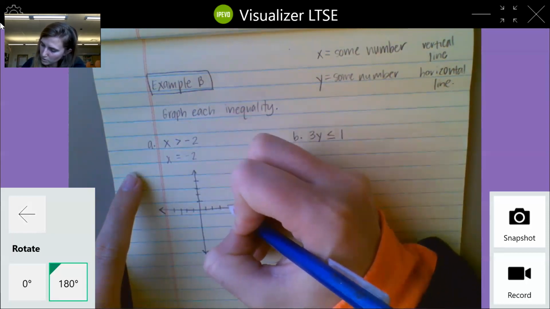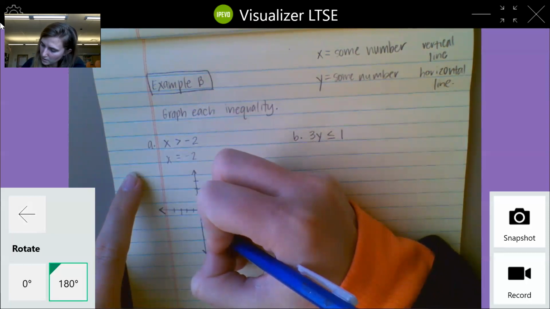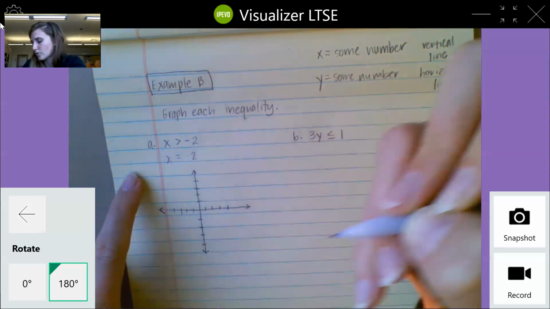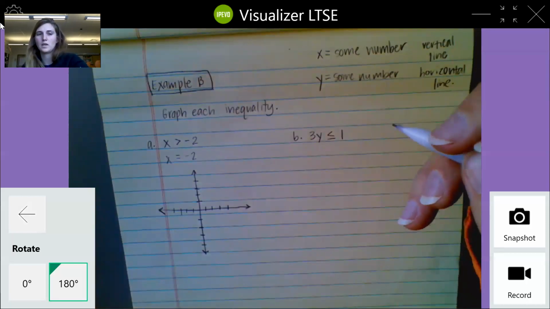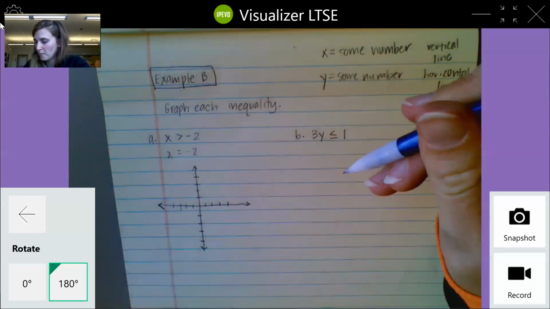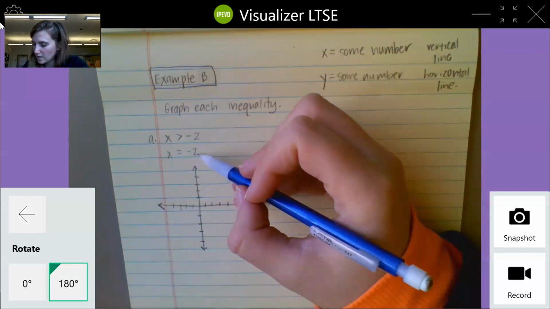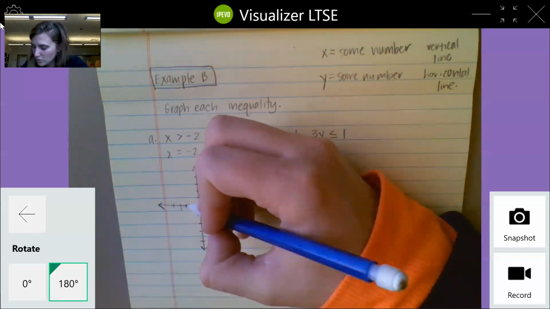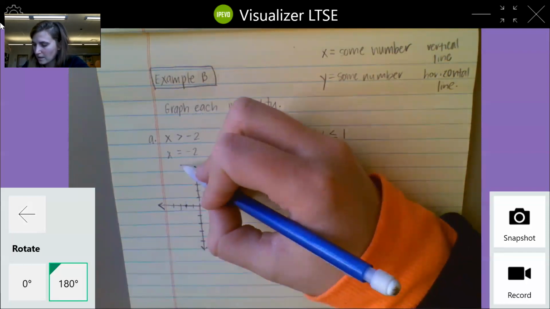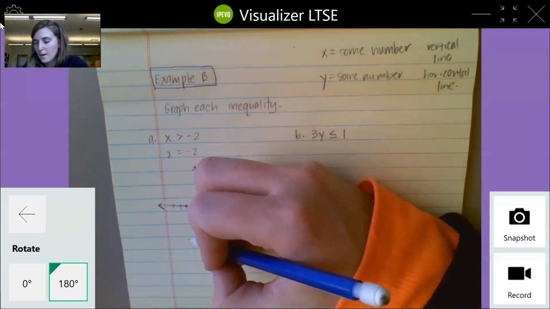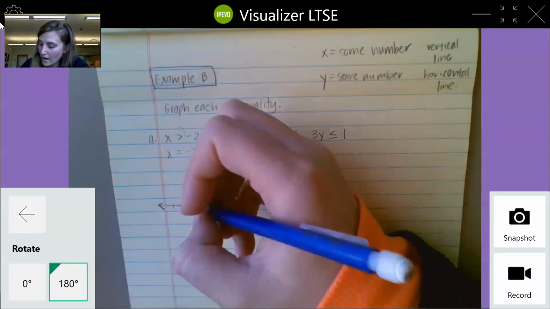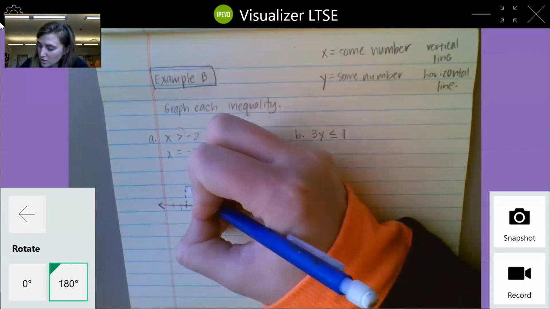Negative 1, negative 2, negative 3, negative 4. It's kind of wonky, but that's okay. So x equals negative 2 would be right there. So the line would go like this, vertically. But since I have that greater than symbol, I know that I need to do a dashed line.